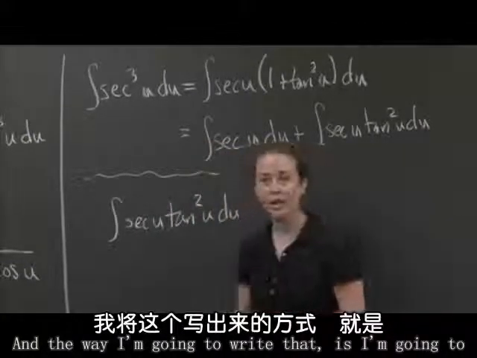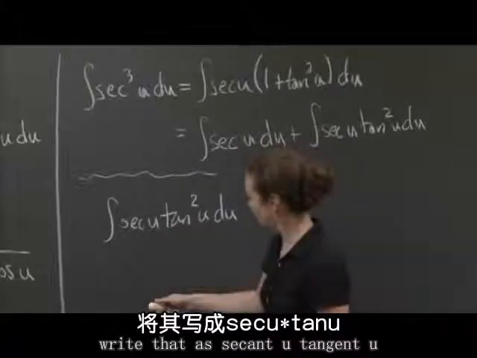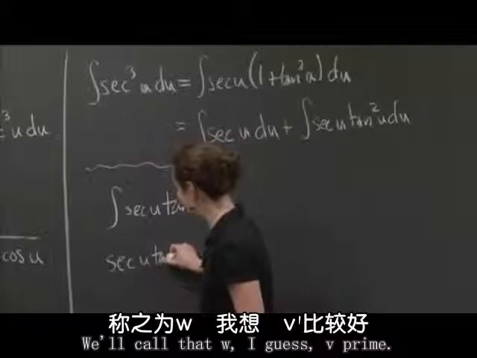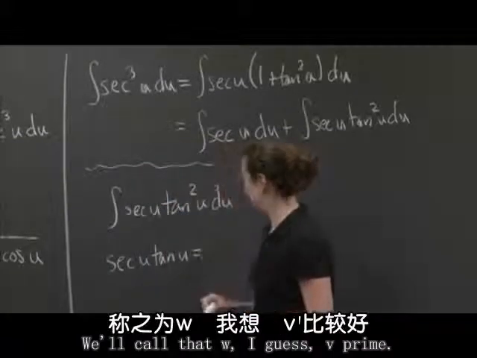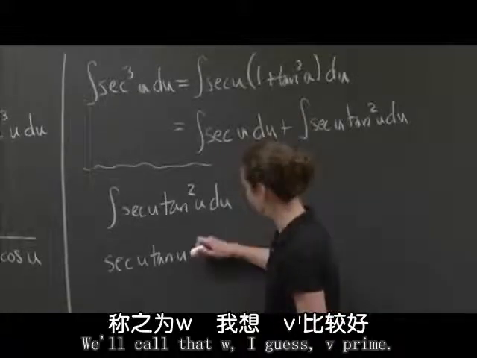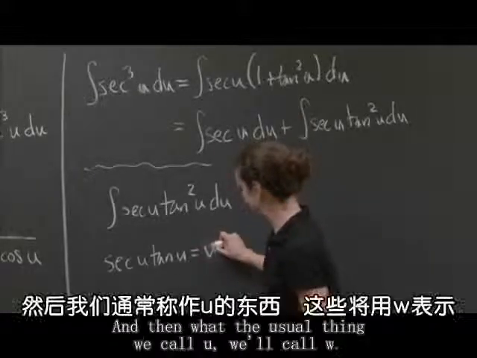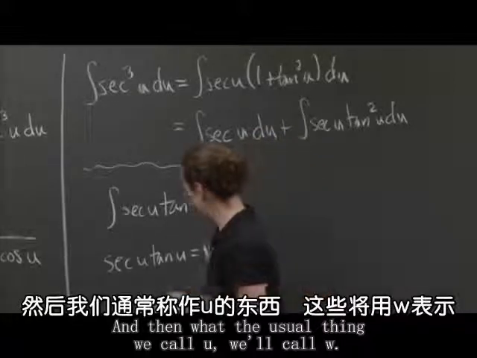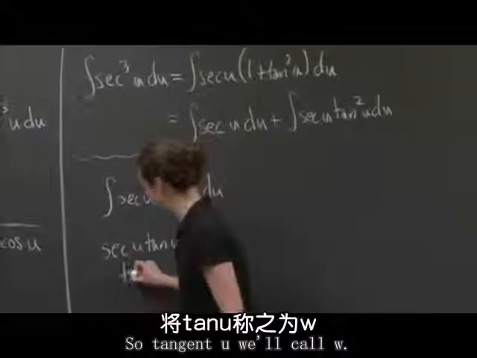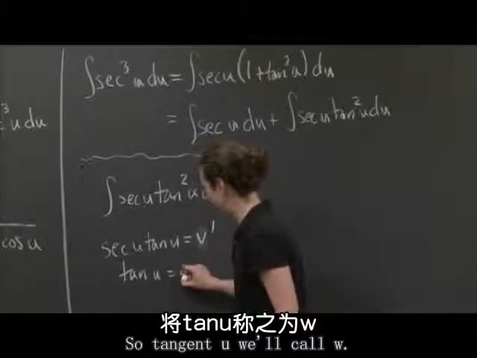The way I'm going to write that is secant u tangent u will be one function I want. We'll call that v prime. And then what we usually call u, we'll call w. So tangent u, we'll call w.